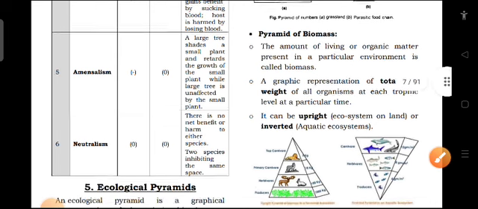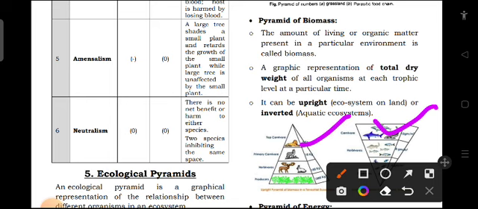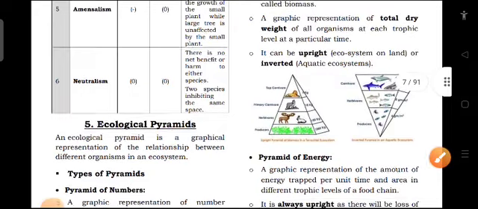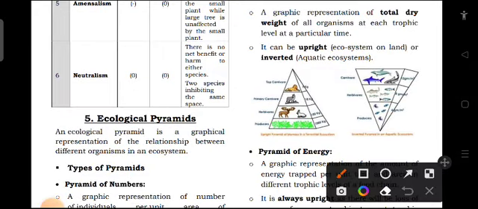This can also be either upright or inverted. This is the example. Upright means it's the land ecosystem, that is the terrestrial ecosystem. Inverted is the example of the aquatic ecosystem. So here, if we note, we have the plants, herbivores, primary carnivore and the top carnivore.